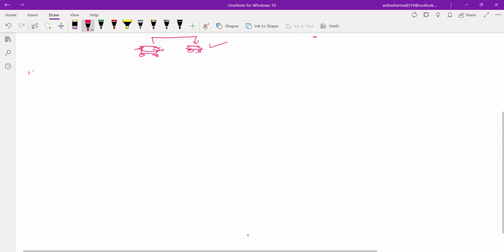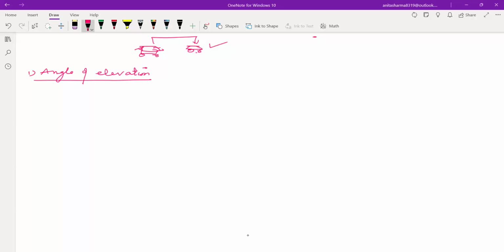First is angle of elevation. So what is angle of elevation? See, suppose a girl is standing on the ground, and she is watching a star in the sky. So the angle made by her with the horizontal axis.